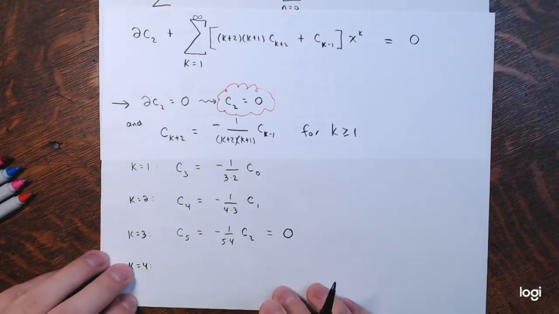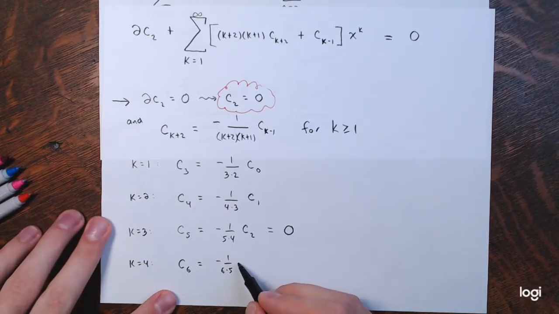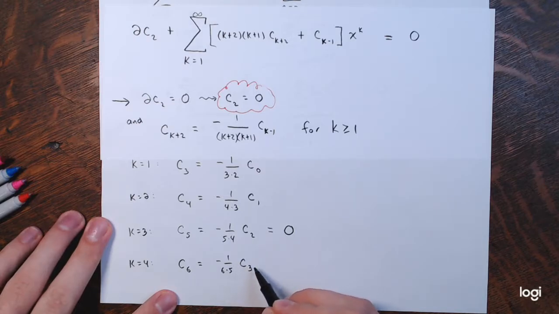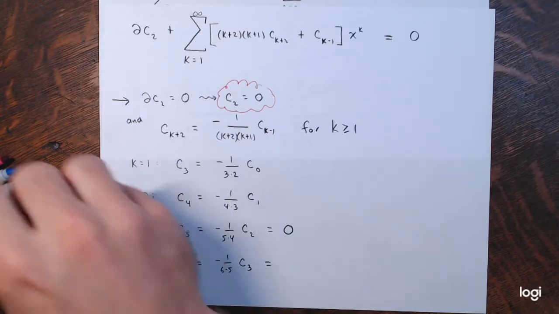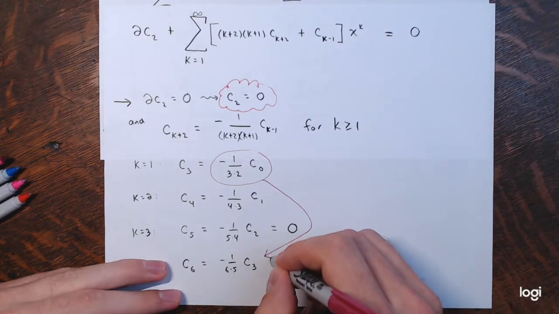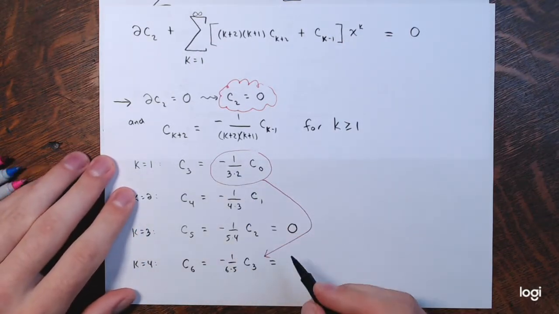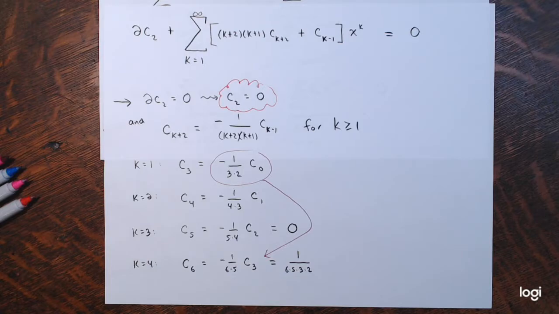When k equals 4, we have c sub 6 equals negative 1 over 6 times 5 times c3. But remember, c3 is this expression, so I'm going to replace c3 in this, and then I'll make it a positive 1 over 6 times 5 times 3 times 2, times c sub 0.